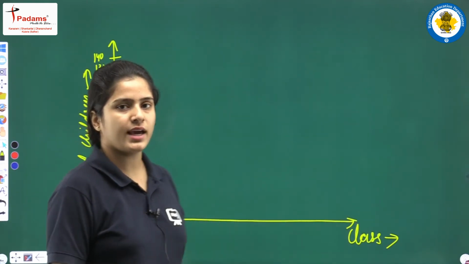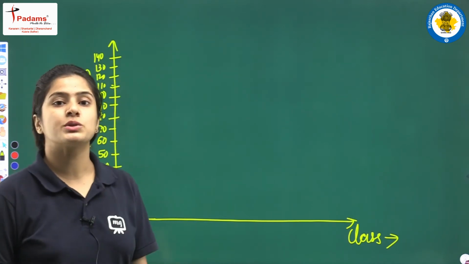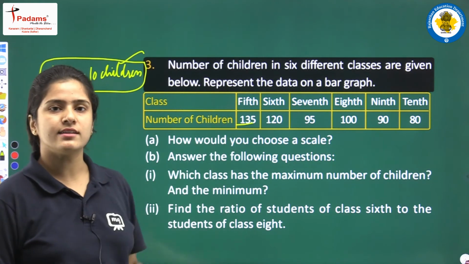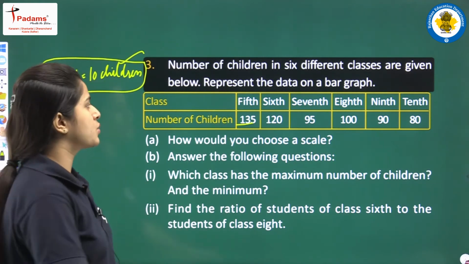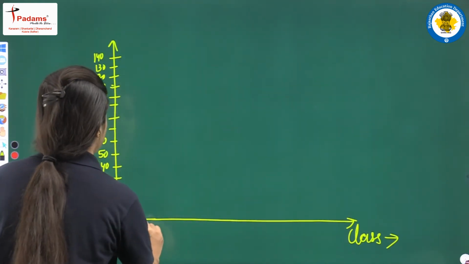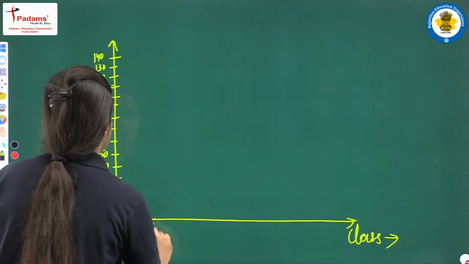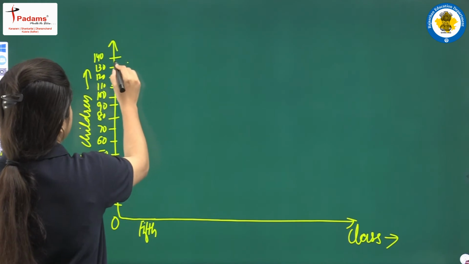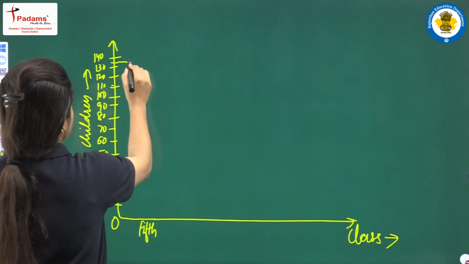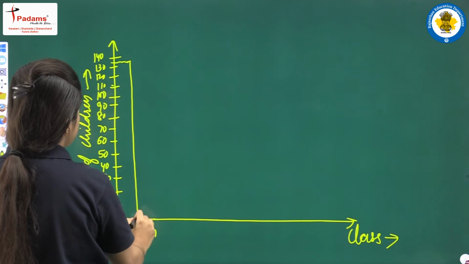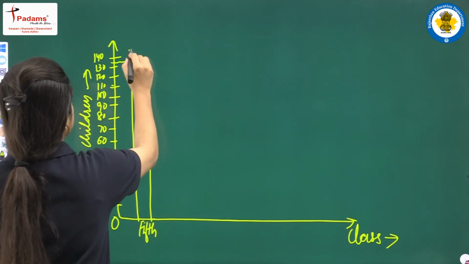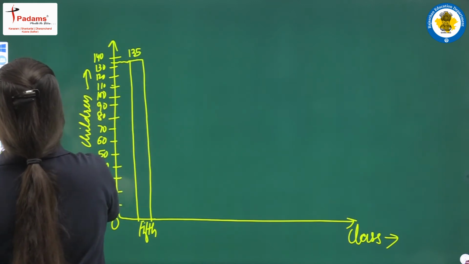And there will be the classes. Firstly students, we will show the classes. Class 5th has number of children 135. So the number of students of class 5th is 135. That is somewhere in the middle of this.